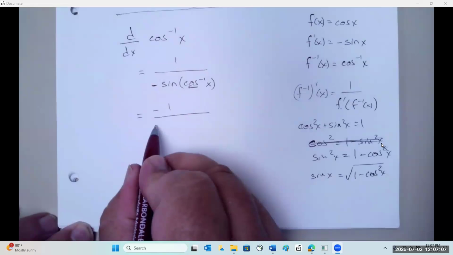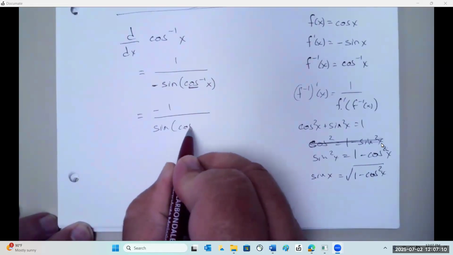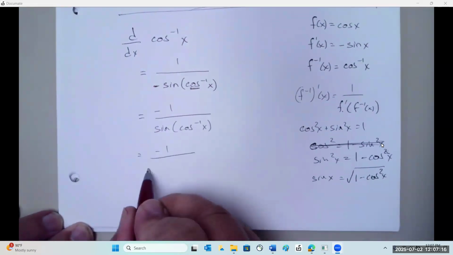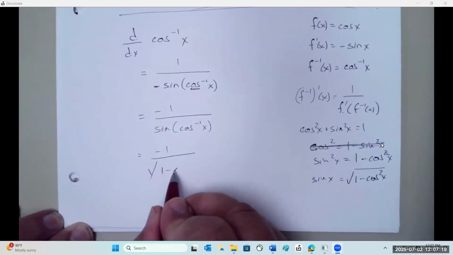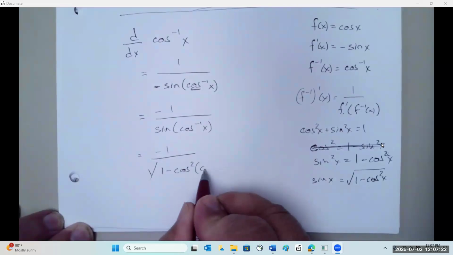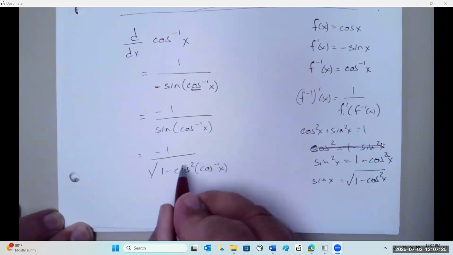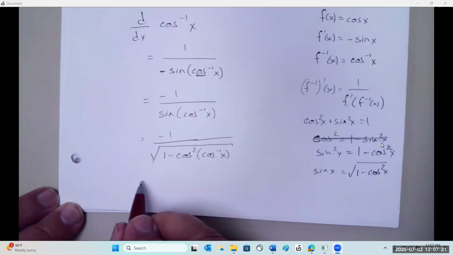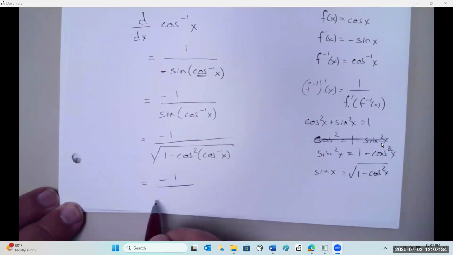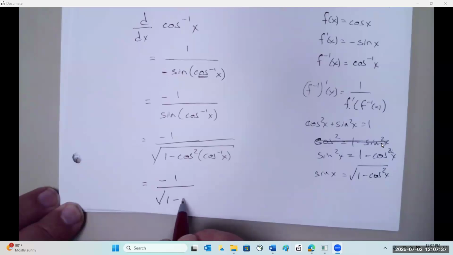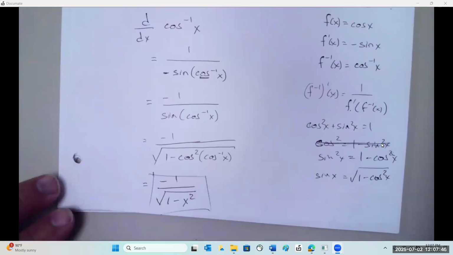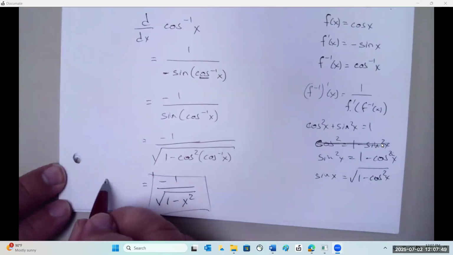I can plug that in place of sine now. So it's negative 1 over the square root of 1 minus cosine squared. My x is my inverse function. So that becomes negative 1 over the square root of 1 minus x squared, which is the formula for inverse cosine.